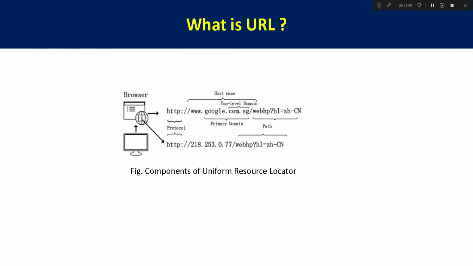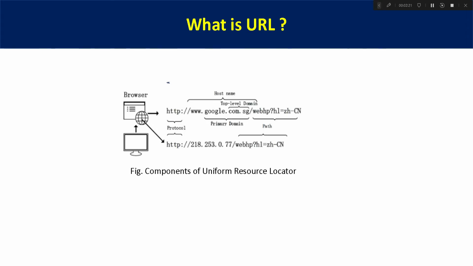As you can see, this is a diagrammatic view of a URL, and the URL is divided into three main parts.